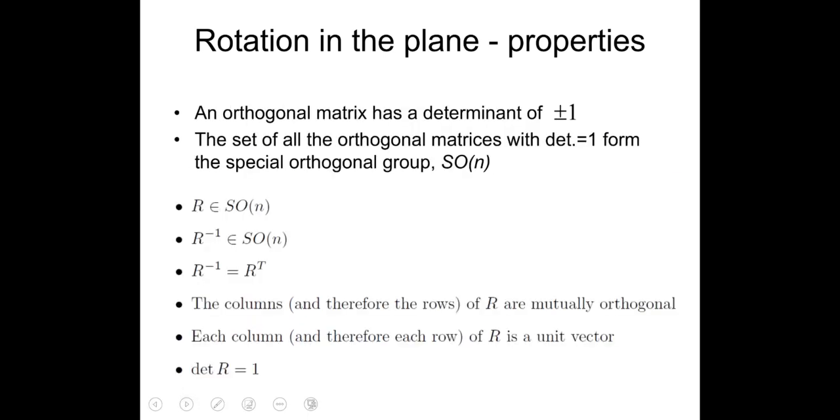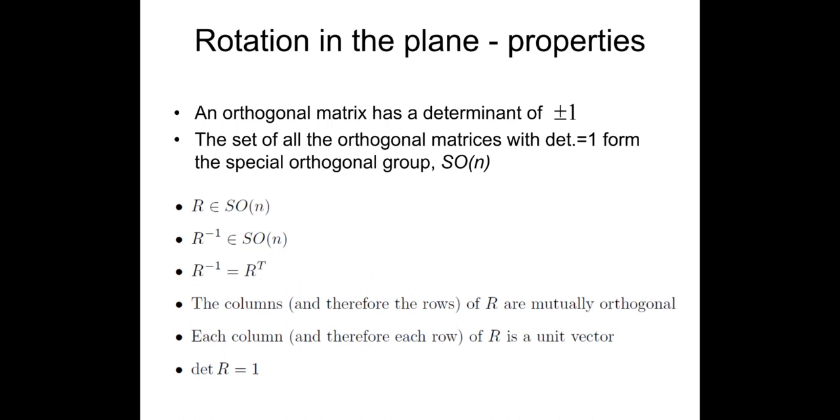There are some more properties, more about the orthogonal properties of these matrices. An orthogonal matrix has a determinant of plus or minus 1. The set of all the orthogonal matrices with determinant equal to 1 forms the special orthogonal group, SO(n). This is more about the matrix calculation.